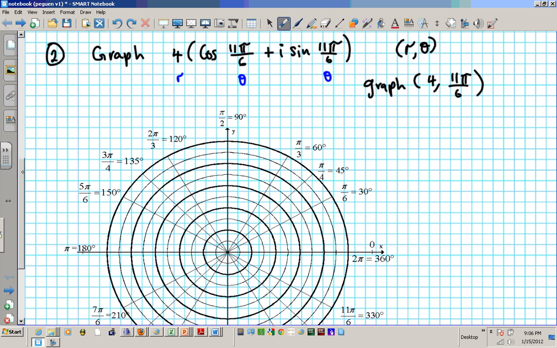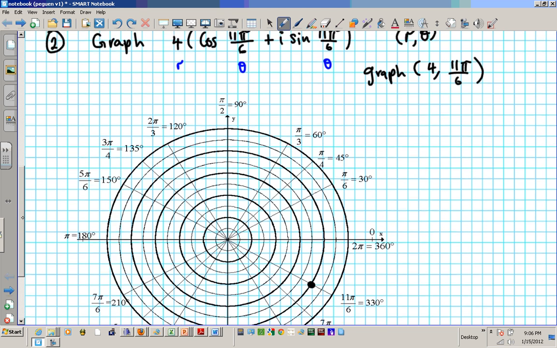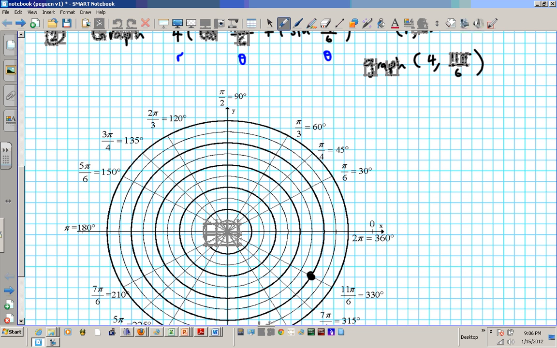Alright, so let's go ahead and graph it on a coordinate grid. 4 is 1, 2, 3, 4, and 11 pi over 6 go right, bam, right there. That's our point. Okay, so there you have it. That's how you graph complex numbers in polar form.